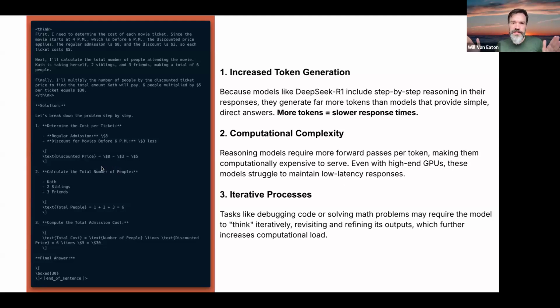That just means more tokens come out, more tokens need to go through, and that takes more time. There's also more complexity required in the forward pass per token. So the actual act of generating these tokens is also slower. There are more tokens, and the process of generating each token is a bit slower. And again, it's an iterative process. The model doesn't just blast through the problem in one go.